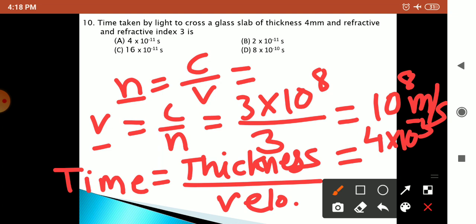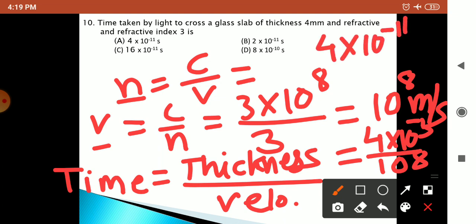So 4 into 10 raised to minus 3 upon 10 raised to 8. So this becomes 4 into 10 raised to minus 11 second. So the answer for this is 4 into 10 raised to minus 11 second.